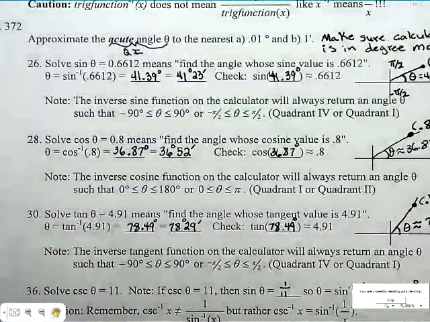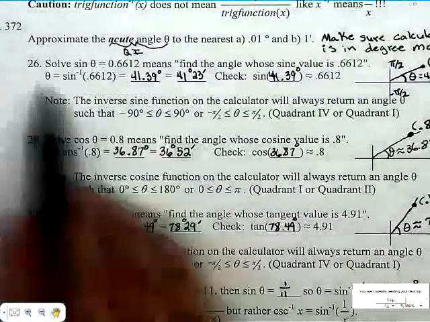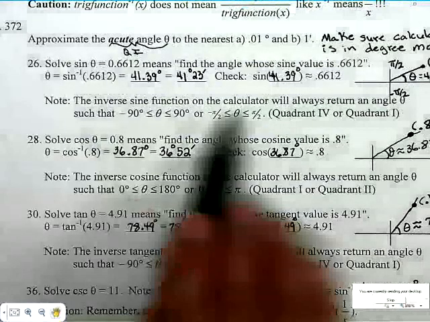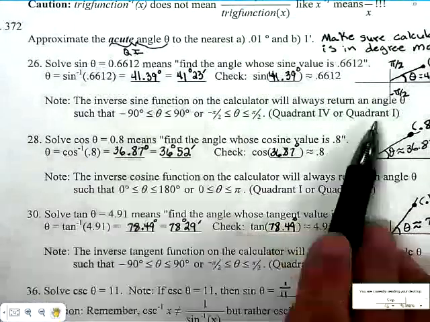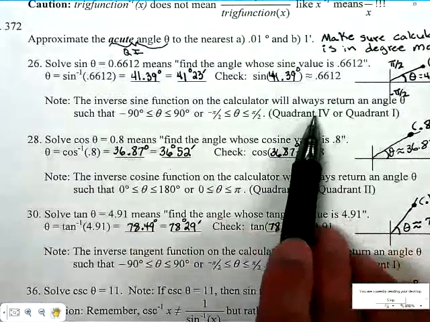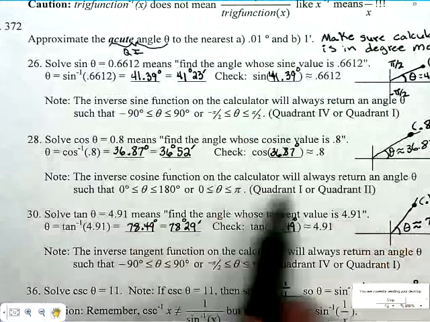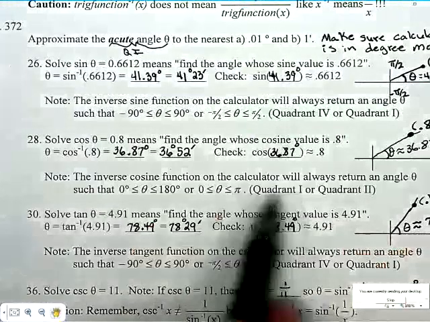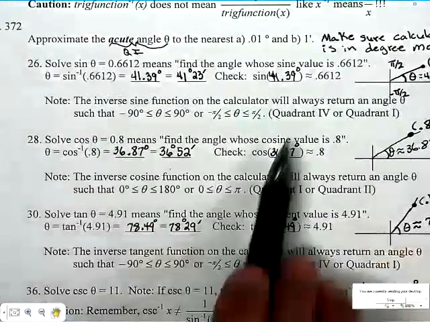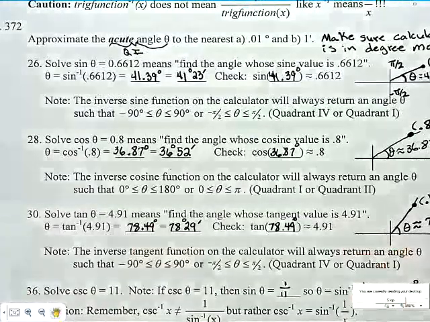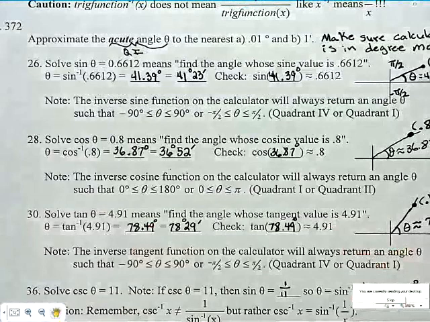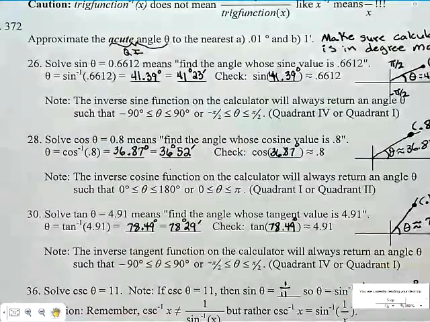But just a minute ago, I said inverse sine will always return an angle in the first or fourth quadrant. Inverse cosine will always return an angle in the first or second quadrant. But really for any positive sine value, there are two angles that have that sine. Sine is positive not only in the first quadrant, but in the second quadrant also.